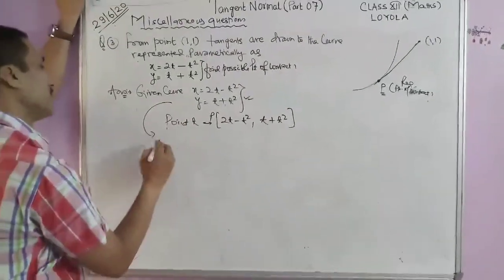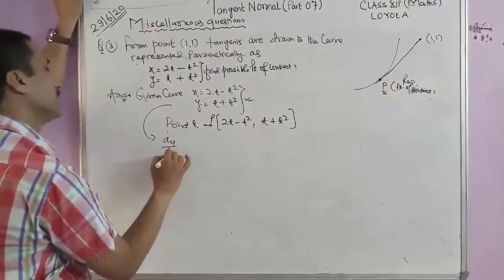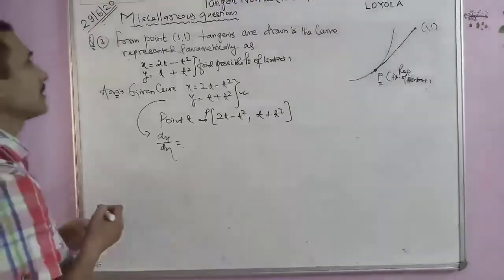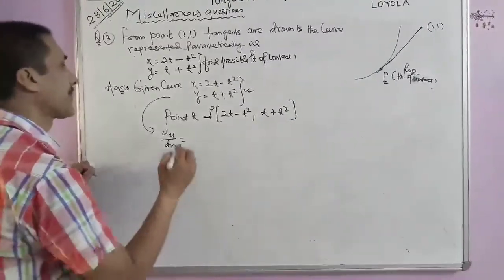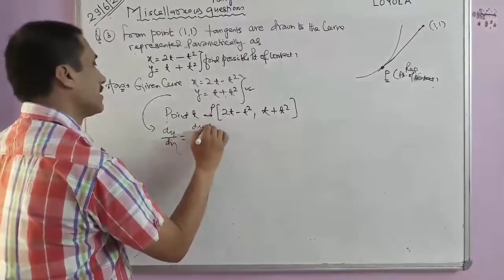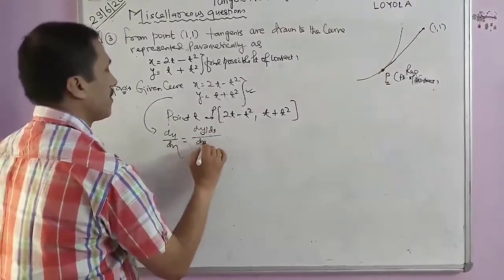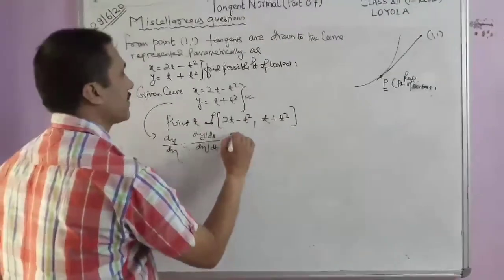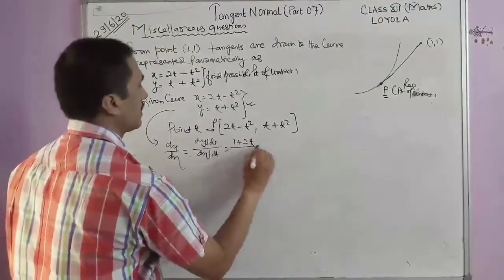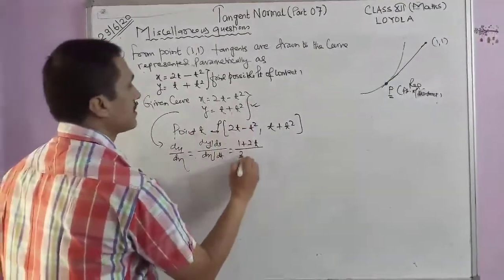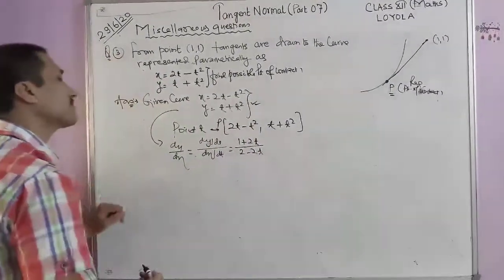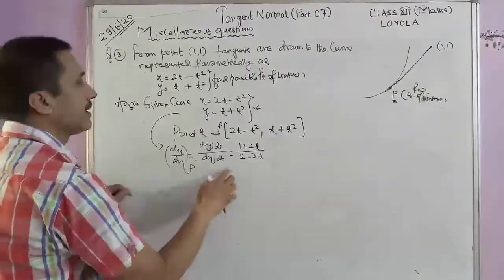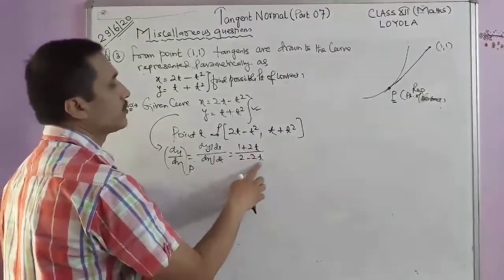First of all, we differentiate dy by dx. We know the differential coefficient for parametric form is dy/dt upon dx/dt. dy/dt is 1 plus 2t, dx/dt is 2 minus 2t. So dy/dx at point P equals (1 plus 2t) upon (2 minus 2t).